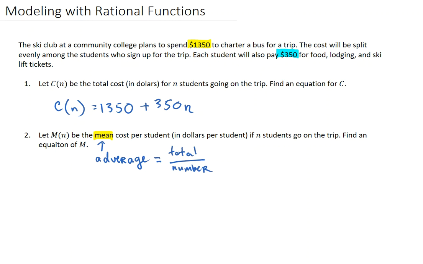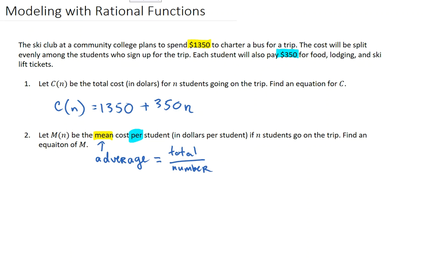Alright, the next thing I want to talk about before we get to what this m of n function will be is it's asking us to find the cost per student. Now, in the first one we found the total cost for the trip organizer. Now this is the cost for one student to go on the trip, or the mean cost for a student to go on the trip.